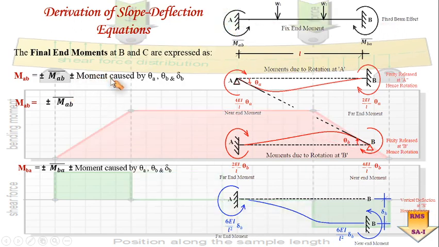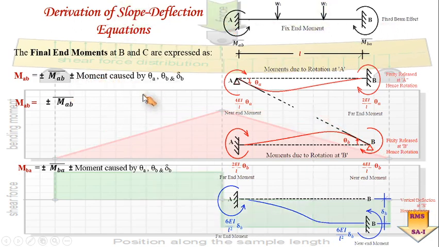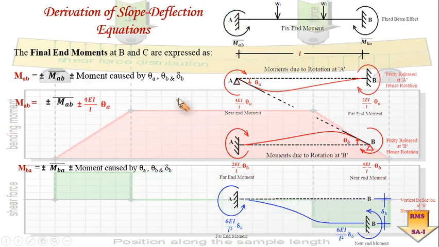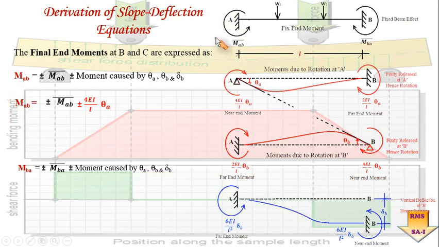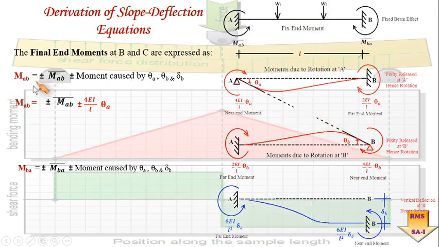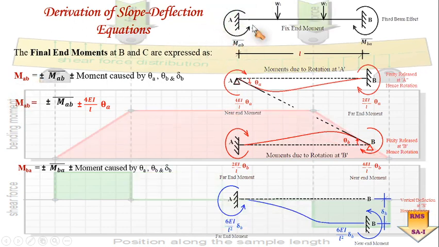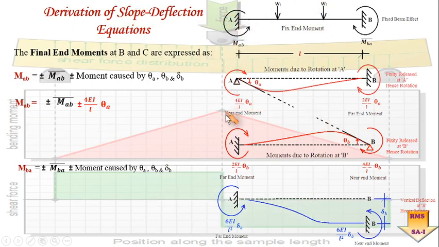Is it okay? Now let us understand the moment caused due to the displacement about various points. So next to that is this. I am considering joint A and the moments happening about joint A due to the various displacements.